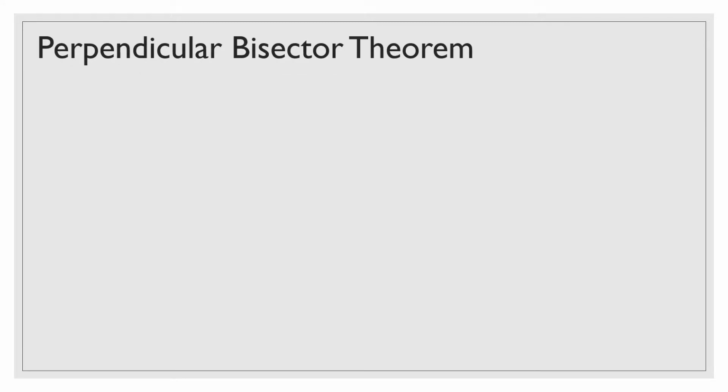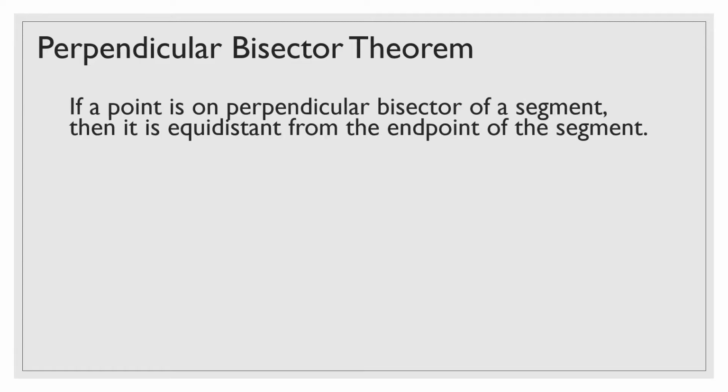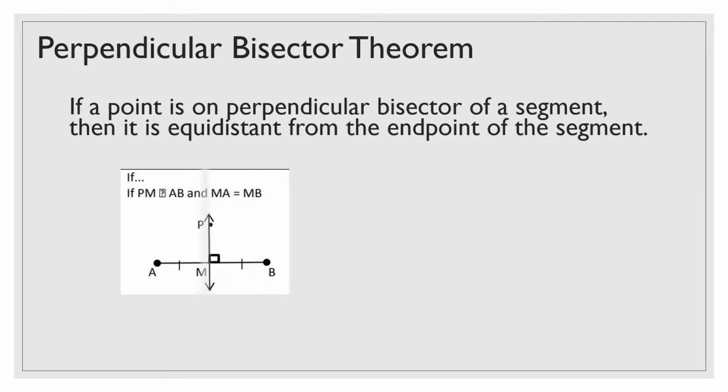Ano naman ang tinatawag natin na perpendicular bisector theorem? It states that if a point is on perpendicular bisector of a segment, then it is equidistant from the endpoints of the segment. So let's consider the given illustration. If PM, ito, ay perpendicular sa AB.